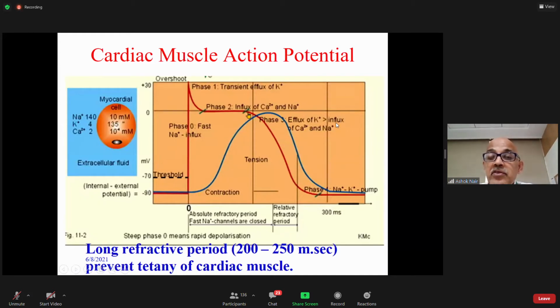The mechanical event starts with the electrical event. By the end of the absolute refractory period, 70% of contraction is complete. So the influx of calcium ions results in excitation-contraction coupling and a long refractory period, and it also prevents tetany of cardiac muscle. The plateau phase is due to influx of calcium ions.